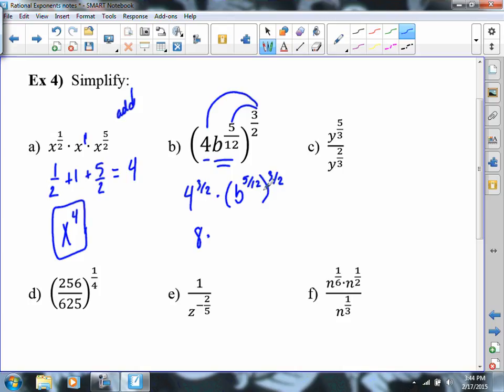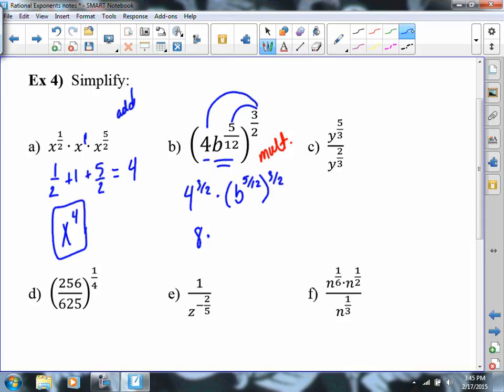And then for the b, here I have another exponential rule. I have a power to a power. So when that happens, remember, you multiply. So I'm going to take 5/12 times the 3/2.